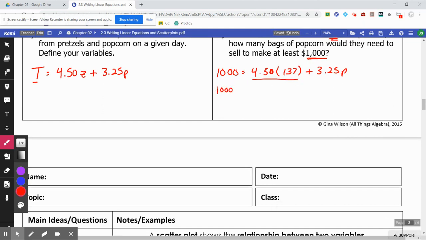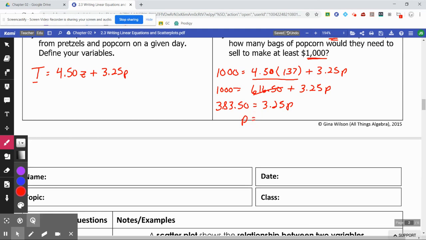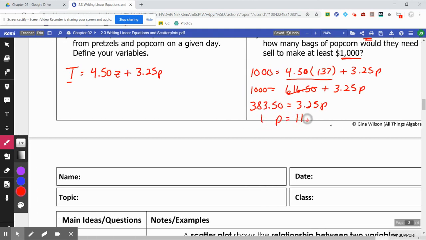So that gives us 1,000 is equal to $4.50 times 137. And that would be $616.50 plus 3 1/4 P. Subtract off the 616.50, and you get 383.50 is equal to 3 1/4 P. Divide both sides by 3 1/4, and you get P is equal to 118.